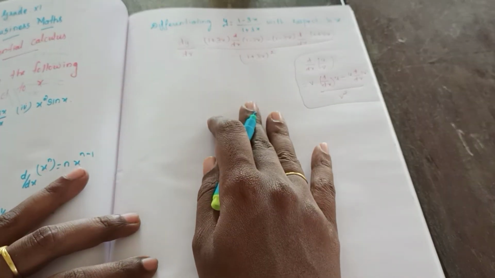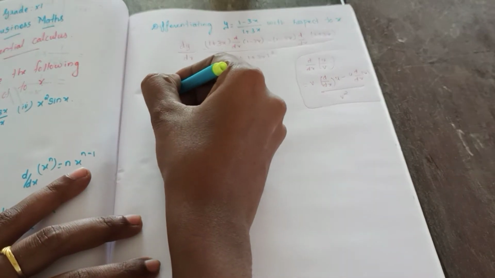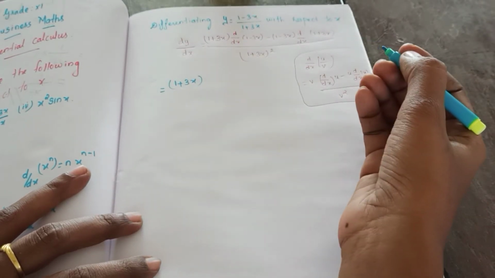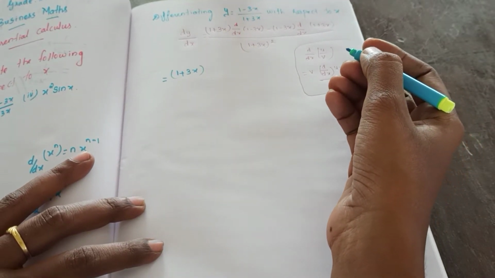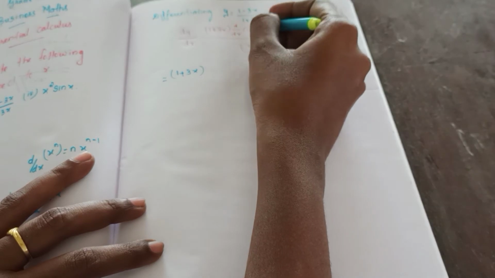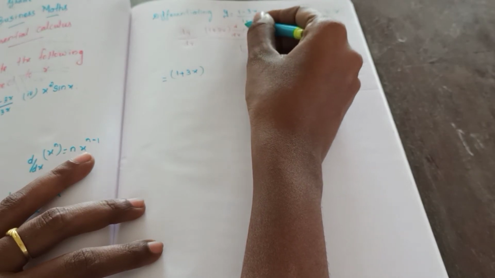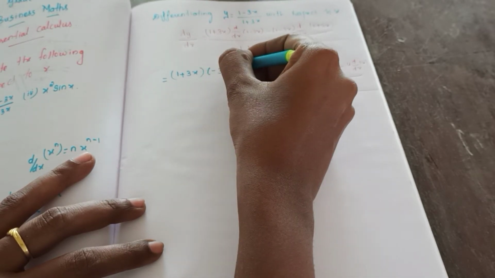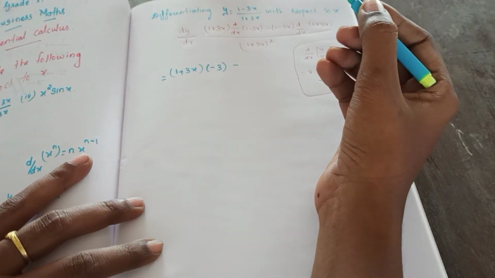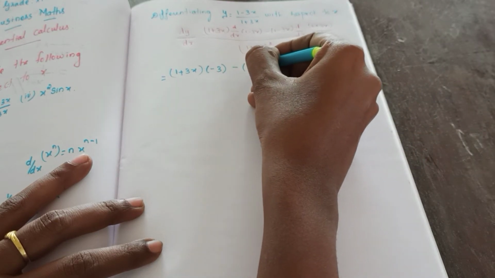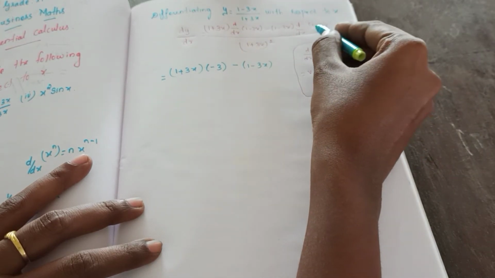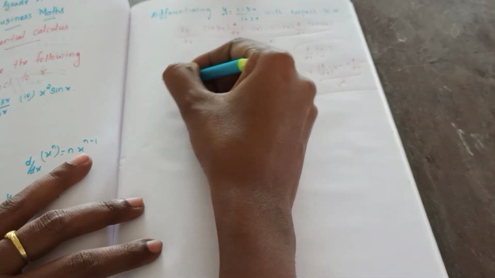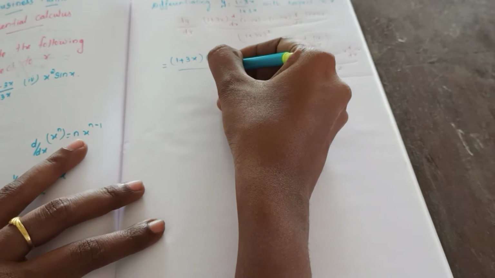So what you get here is 1 plus 3x into d by dx of 1 minus 3x. Here 1 gives 0, and minus 3 alone remains, so minus 3. Then minus 1 minus 3x into d by dx of 1 plus 3x: 1 gives 0, and 3 into 1 gives 3, divided by 1 plus 3x the whole square.